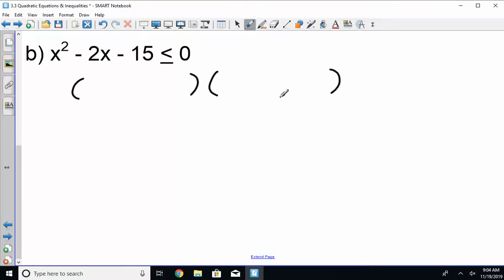X squared breaks into x. Since it's just a 1x squared, we don't have to draw the box. Multiply to -15, add to -2. Okay, so first from here, we need the two things that make it equal 0. What makes x minus 1?